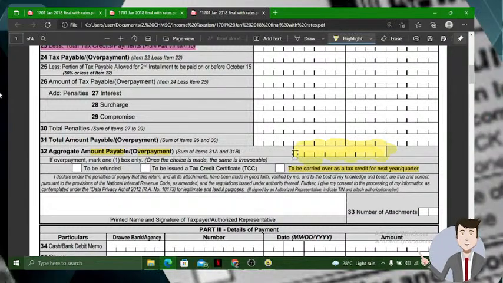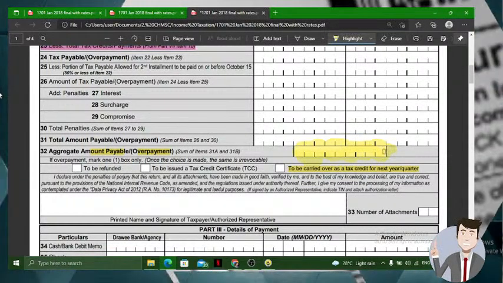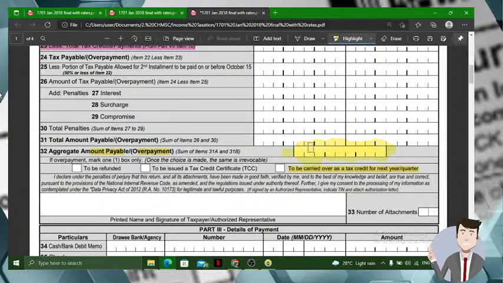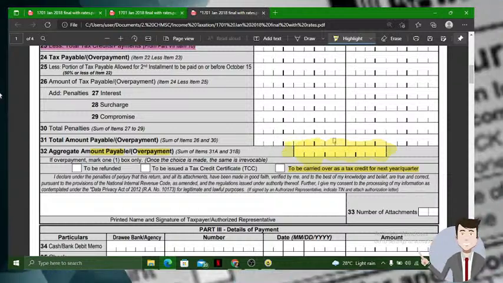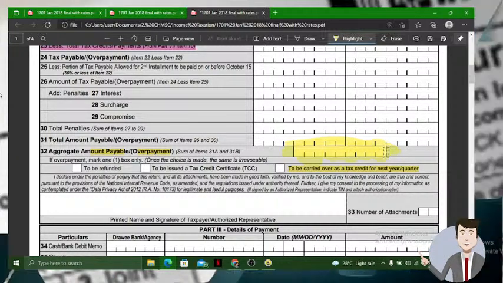So it will be automatically deducted. So take note, if you are using EFPS, before filing you have to make sure that the balance is enough to cover your aggregate amount payable or your income tax due.